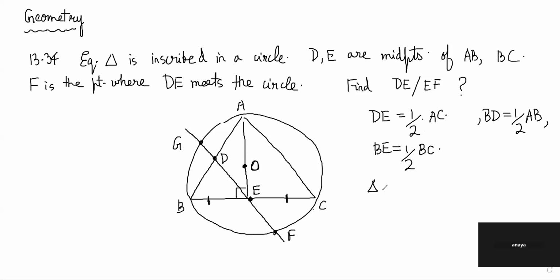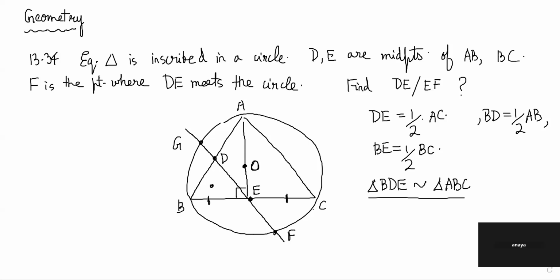So triangle BDE is going to be similar to triangle ABC because all the sides here are half.